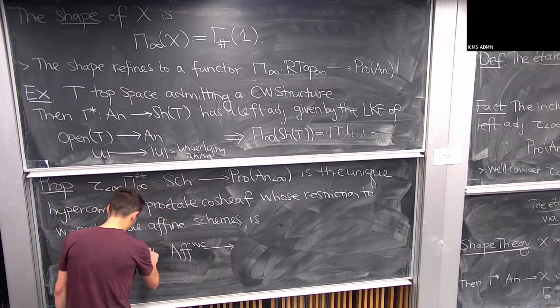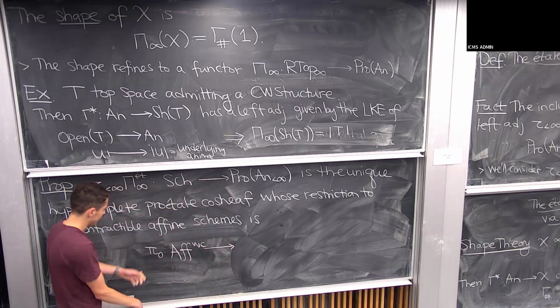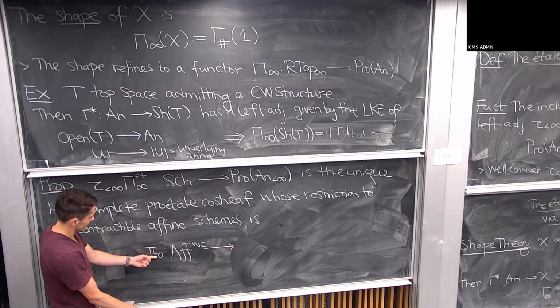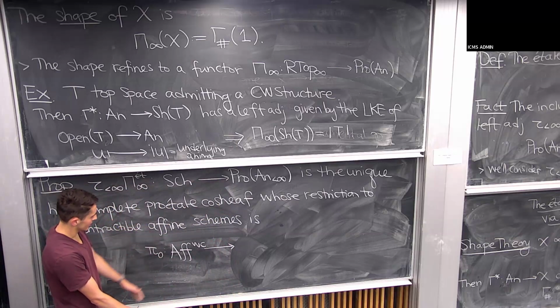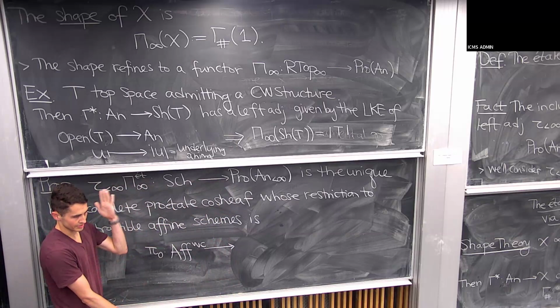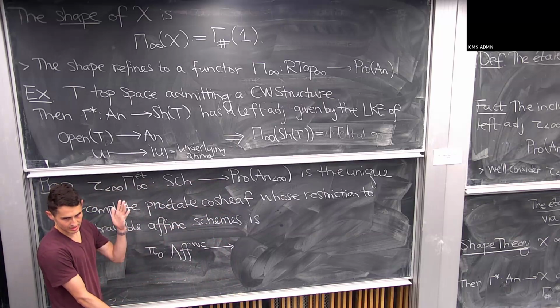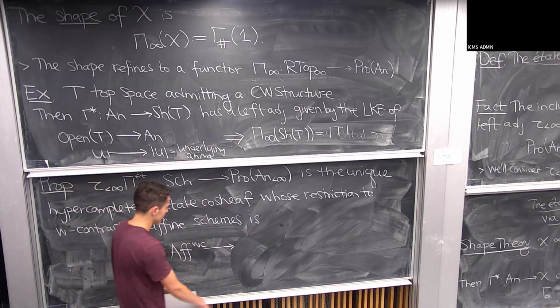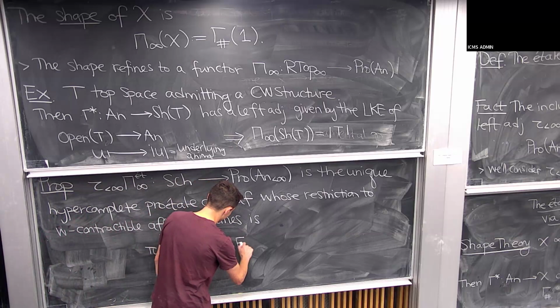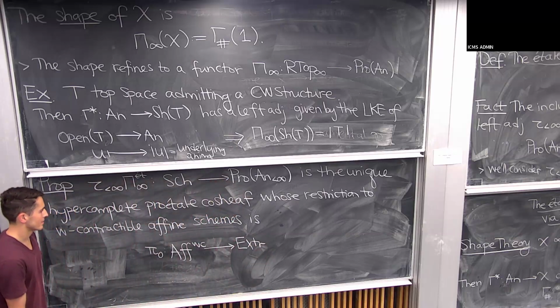For any QCQS scheme, you can look at the set of connected components, and that has a topology given by the quotient topology from the map from the scheme. It turns out that that's always a profinite set. This w-contractible affine condition guarantees that this is an extremely disconnected profinite set.